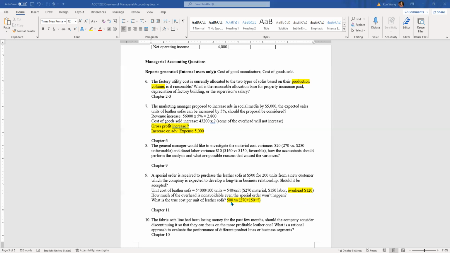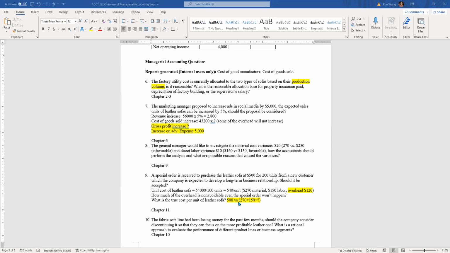Then we can compare with the special pricing to see if this is reasonable or not. If the true cost is lower than 500, we can still accept the order and maybe make a small profit. So, special order.